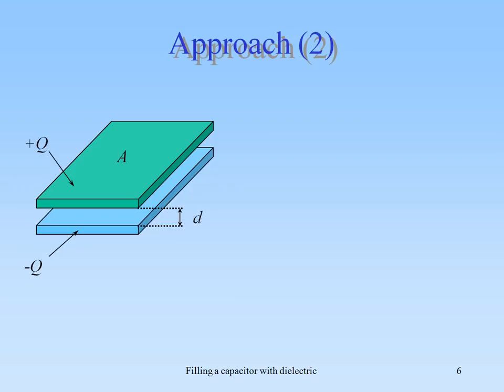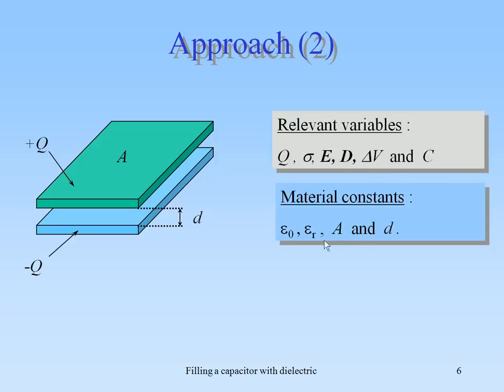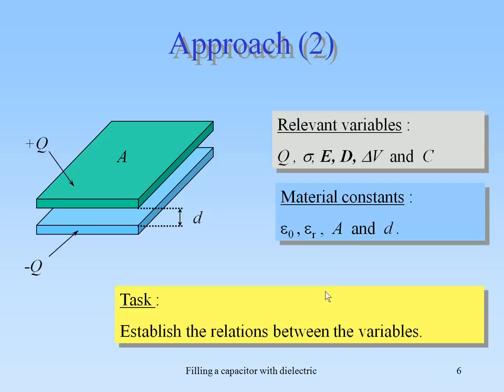What are the relevant variables? It's the total charge, charge density, electric field, displacement, potential difference between the plates, and C, the capacitance. We have material constants, epsilon naught, epsilon R, A and D. And the task is, let's establish the relations between the variables.